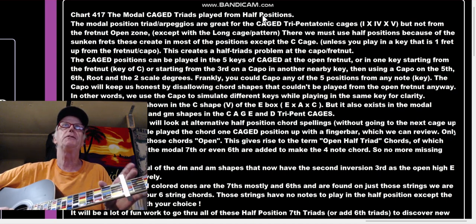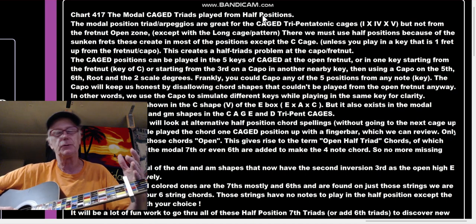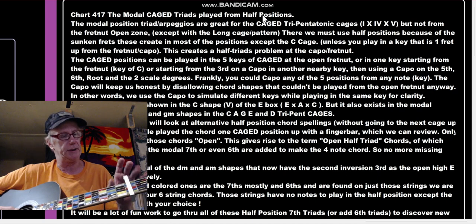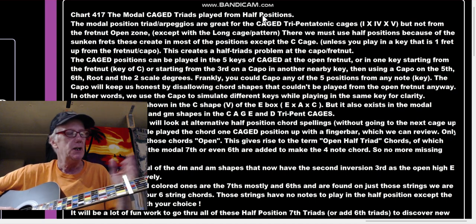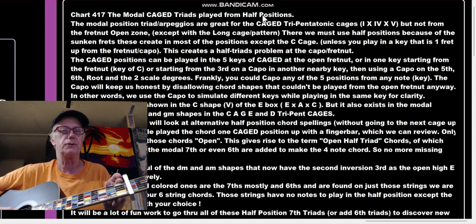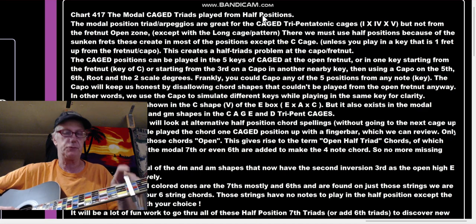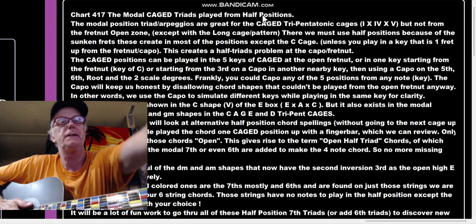The other half is below the fretnut, or a third of it. So I call them half positions, but really it's a 2/3 position with one fret sunken. Okay, so it's top 2/3, outer 2/3, but we'll call it half position. Down here we can't play this unless this wasn't here, and then we could play it, right?